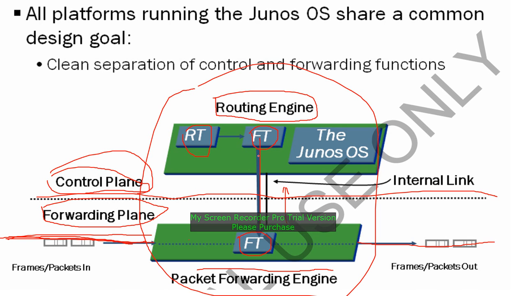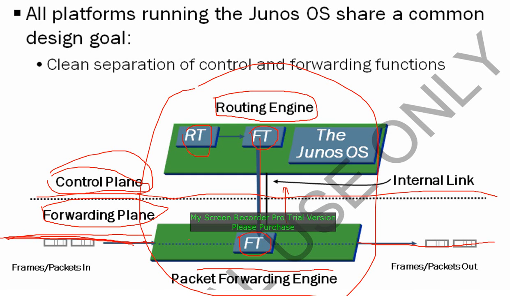Whatever we configure will all be synced from control plane to forwarding plane. And the device's own traffic and routing protocols, everything will be controlled by the control plane. And the forwarding plane is used for data, so it's called the data plane as well.